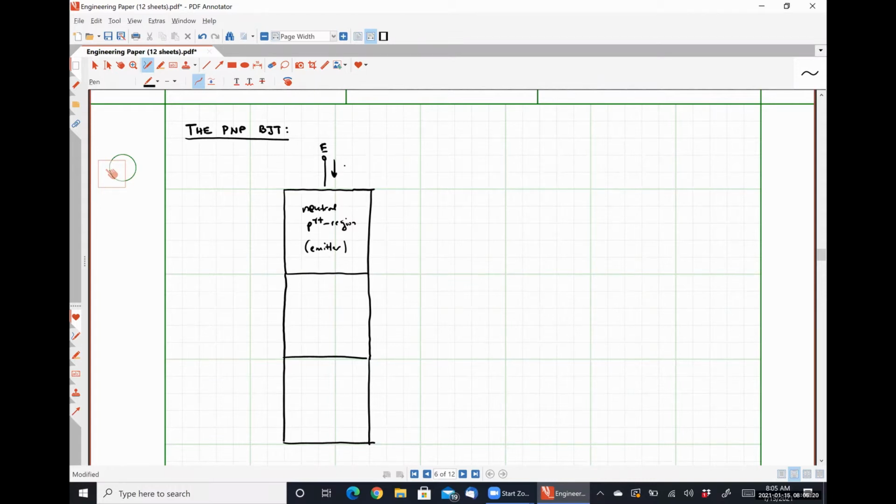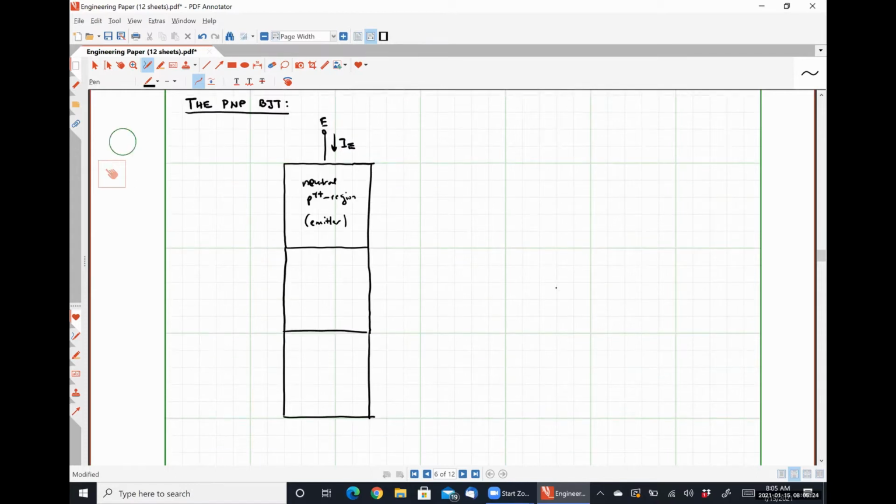So we'll have some emitter current like this. Then we have a neutral N+ region serving as our base. And we're going to define our base current as flowing out towards the base terminal instead of flowing in.